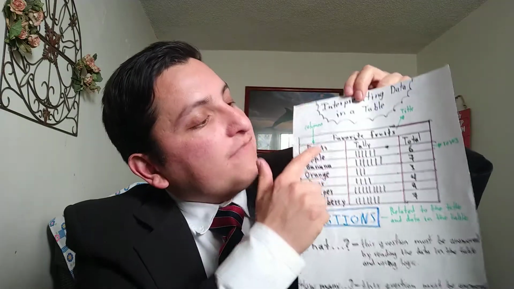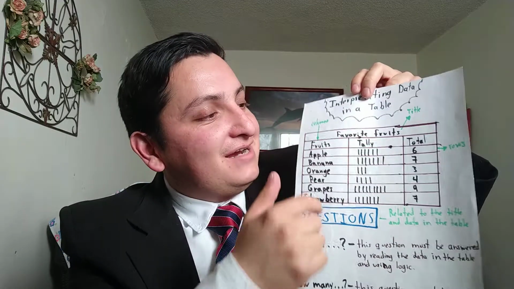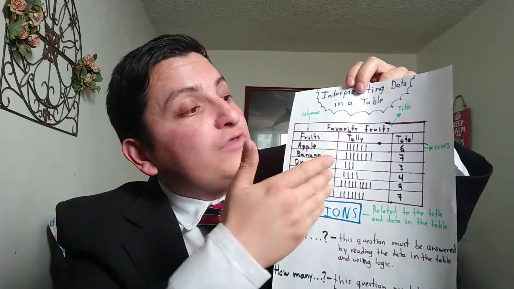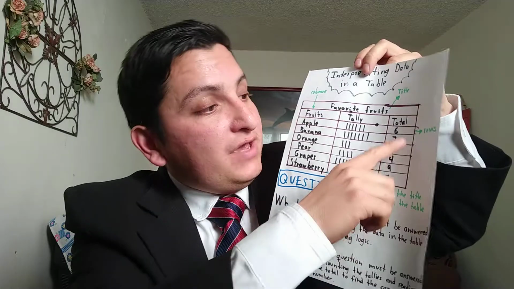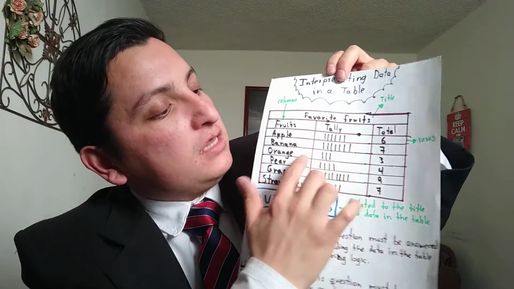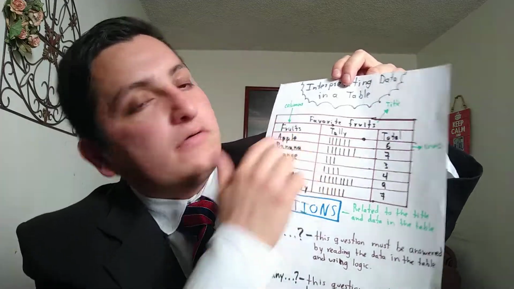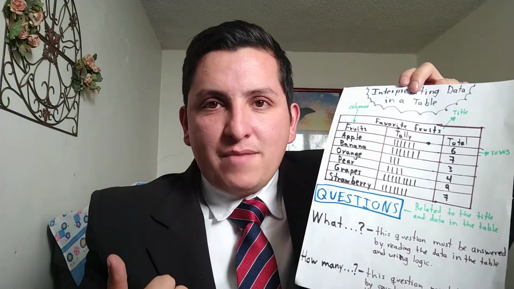And right here you have mini titles or subtitles, secondary titles, that are going to tell you what they represent in every column. Finally, we have the rows. The rows are these horizontal lines that will give you the information by categories. Do you remember that? Very good if you remember.